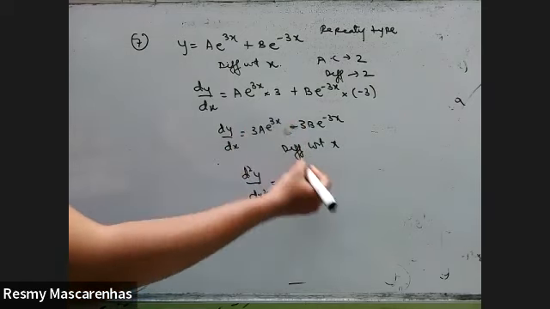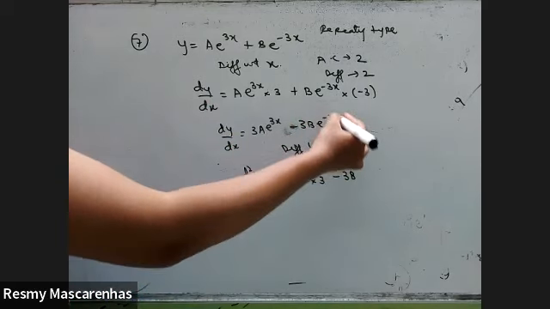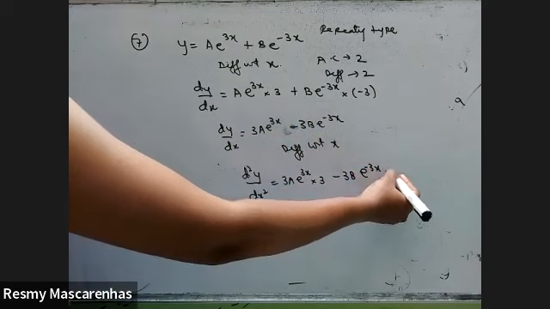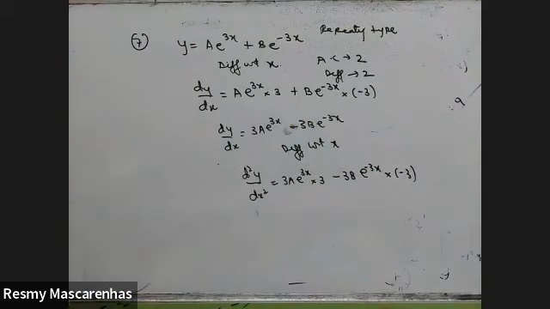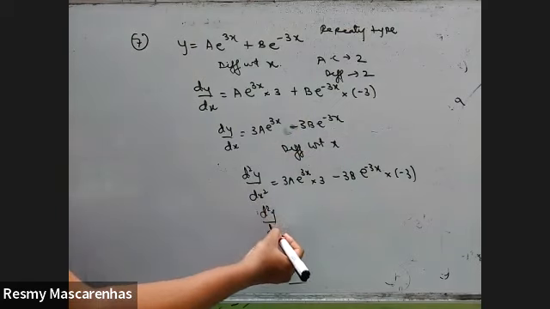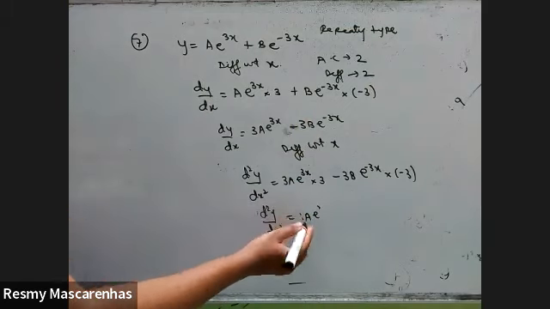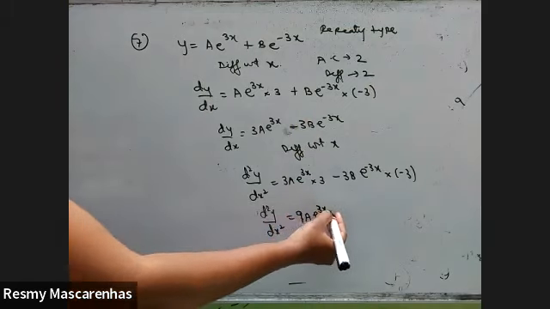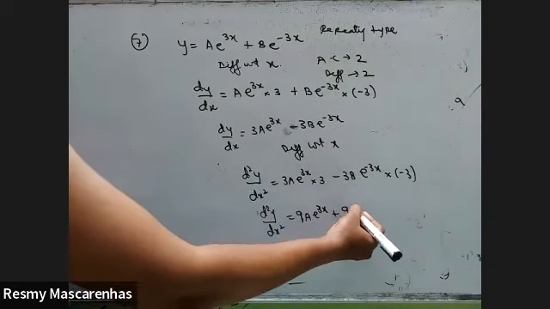Again we have to take the derivative into 3. Again e raised to minus 3x, minus into minus. If you simplify, this is d square y upon dx square: 3a e raised to 3x, 9 it will become. Minus into minus is plus.